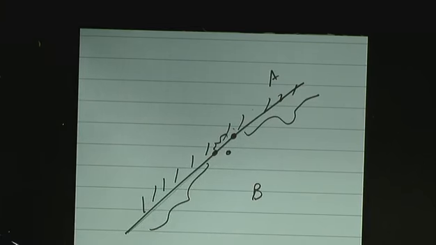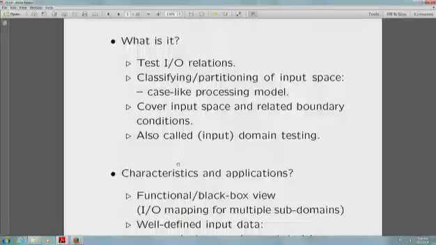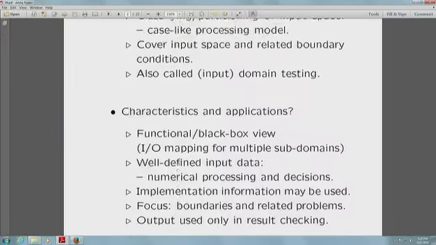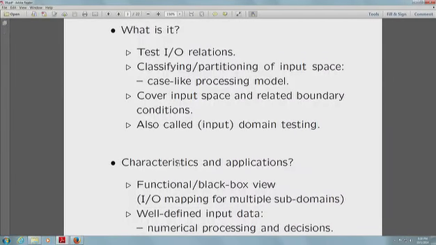We have a very simplistic processing model. We say you have the boundary, and within each of the partitions, you will receive one kind of treatment or processing or computation. Okay, and then we can use that to test. It's called boundary testing, and because it's typically tightly linked to the input domain boundaries, we also sometimes call this input domain testing.